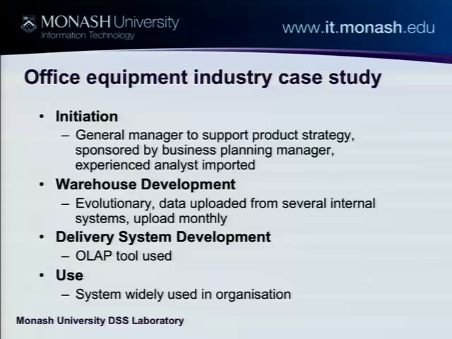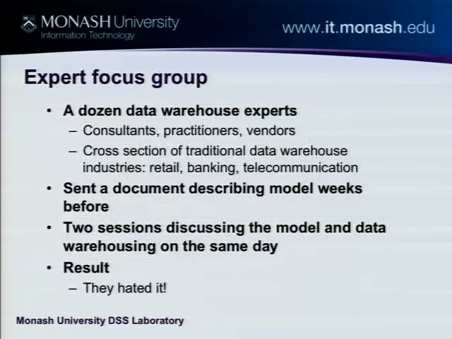If you follow this path, you're more likely to have a failed project. So at this stage, we're now ready to sit down with focus groups of experts, data warehouse practitioners and consultants, a mixture of consultants and vendors, and nut out some of the detail in the model. We're pretty confident. We've compared it to case studies. We think the predictive power is pretty good.